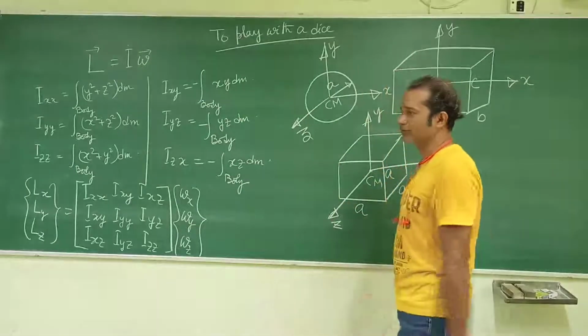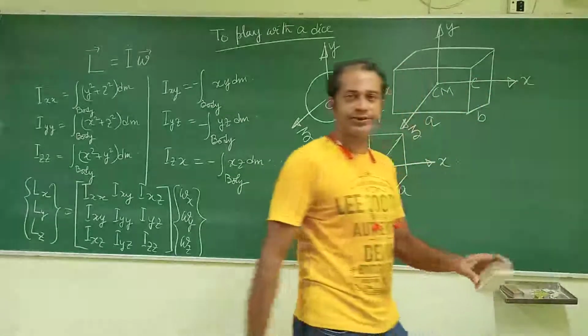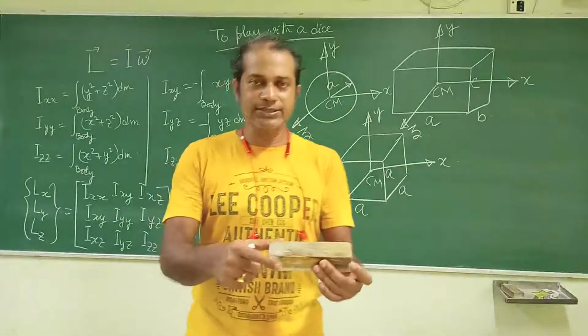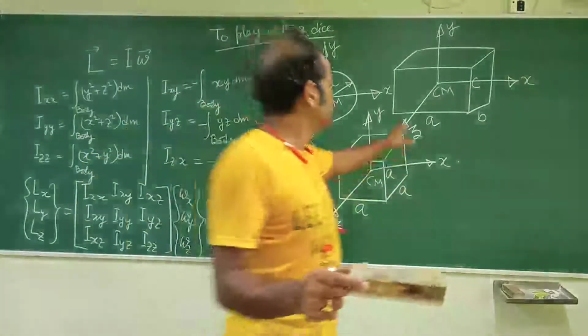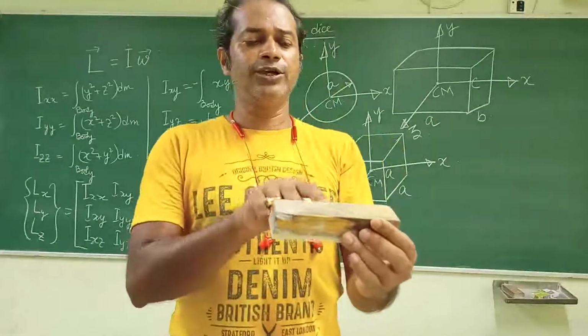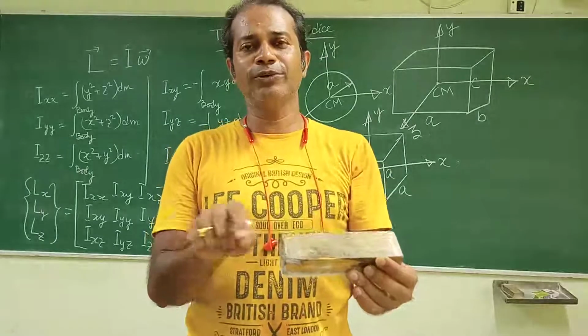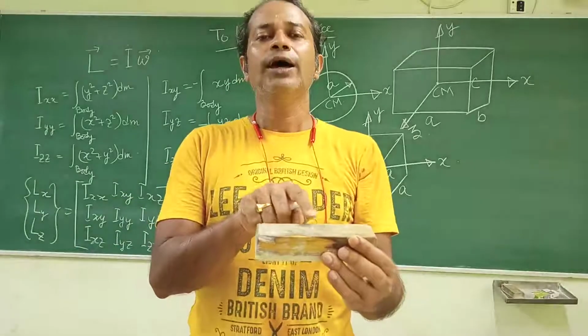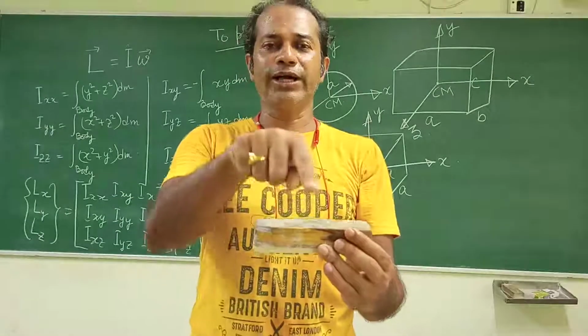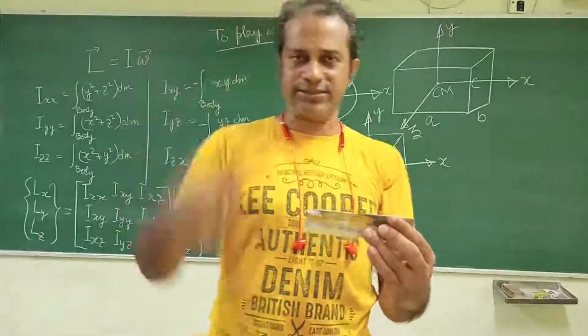Let me give a simple example: say this is the duster, this rectangular part. You go to the center of mass and define the x-axis, y-axis, and z-axis from there.